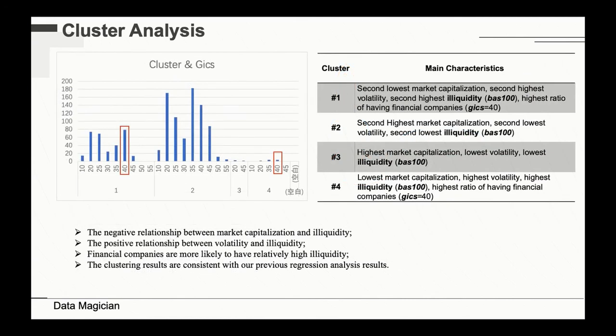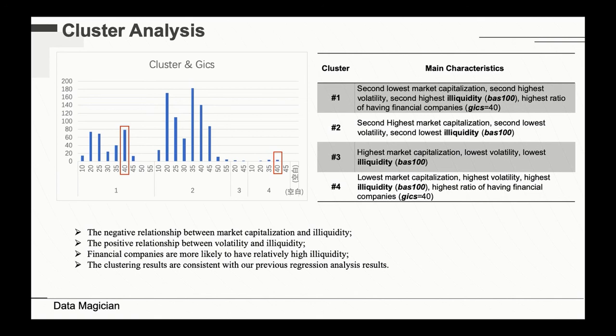Finally, we'll profile our clustering solutions with an additional variable, which is gics. We try to use data visualization to make our findings more clear, and if we look at the table on the right side, we can know that these four groups have significant differences. To be more specific, for example, Group 1 has the second lowest market cap, second highest volatility, second highest illiquidity, and the highest ratio of heavy financial companies.